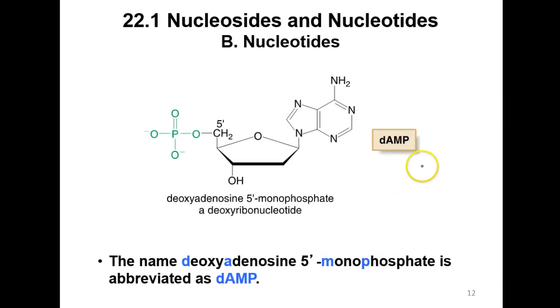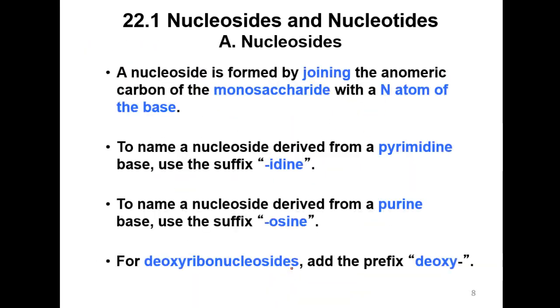Here is AMP, or dAMP for deoxyadenosine 5 monophosphate. Again, it's deoxyadenosine because it's a deoxyribose. We're using adenine, but remember you name it -osine if you're using a purine. If you're using a pyrimidine, it's -idine.